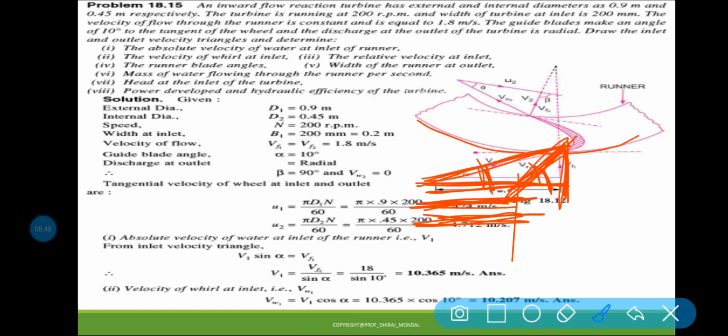This is the wheel vane, which is adjusted, and this is VR2, this one is U2, and this is VF2, also V2. This one is the angle beta, and this one is phi, and as the flow is radial at the outlet, beta will be 90 degrees.